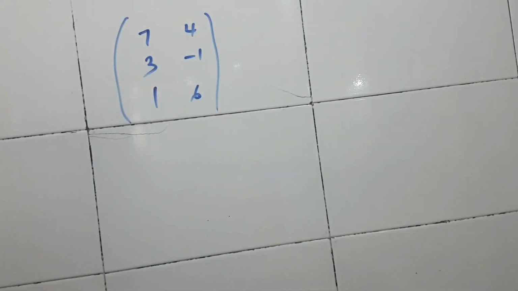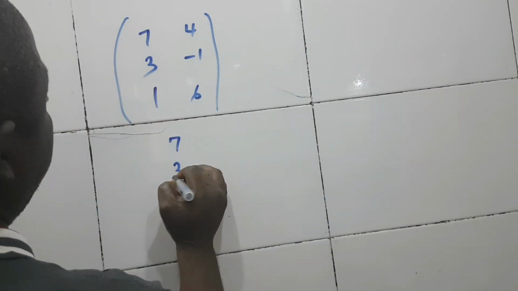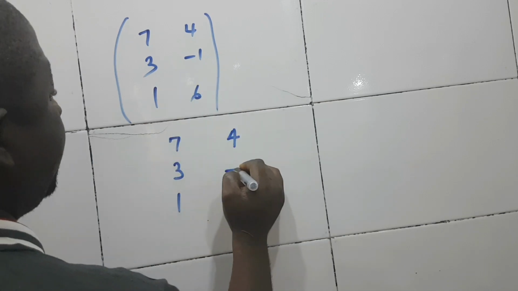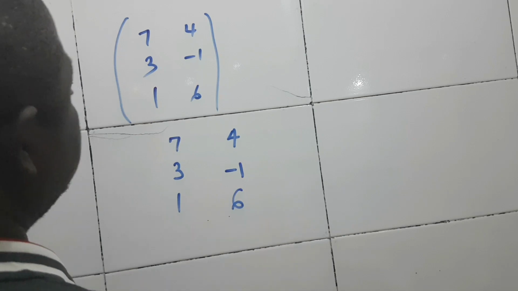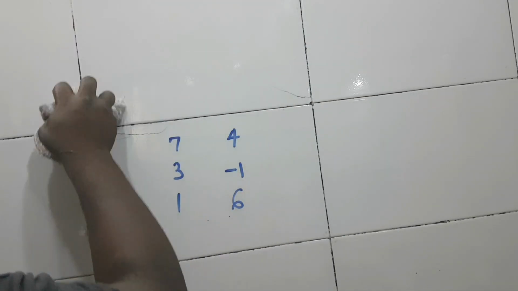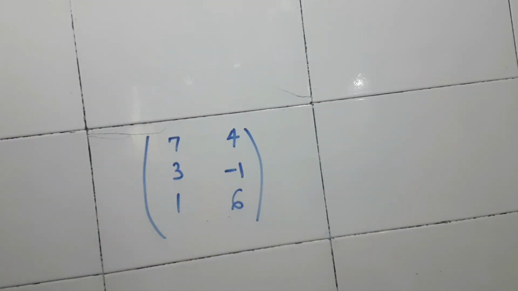Let me even bring it down so that you can see what I'm talking about. This is 7, 3, 1, 4, minus 1, 6. I'm going to be very, very explicit in this class. So this is a matrix arrangement.